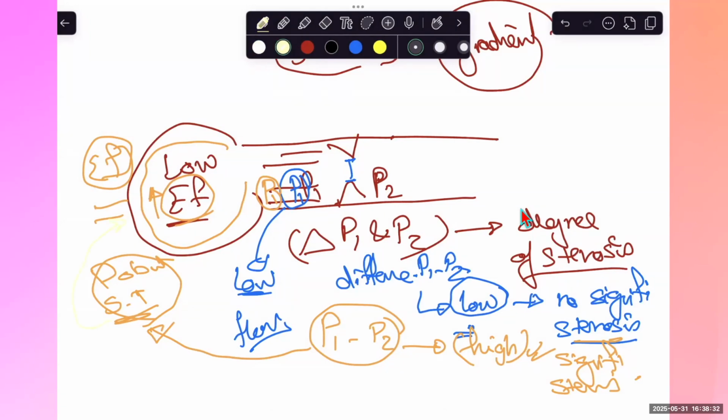But if I give dobutamine and there is no change in the ejection fraction, and no increase in the B1, this does not affect the pressure difference. So after this occurs, it is still low. Sometimes this is a true stenosis.